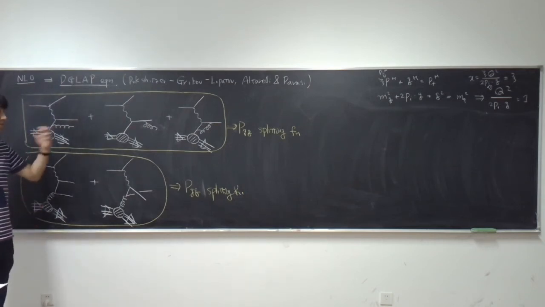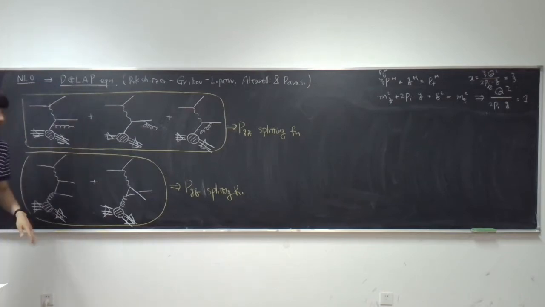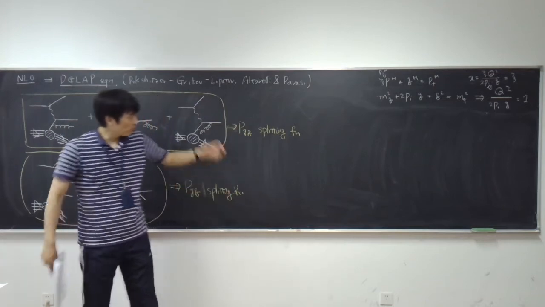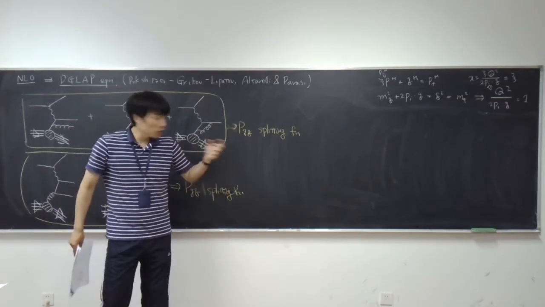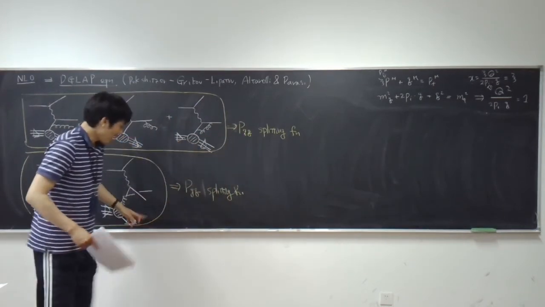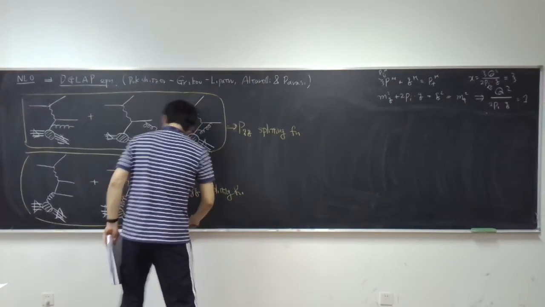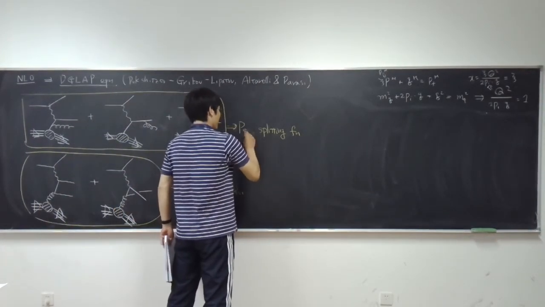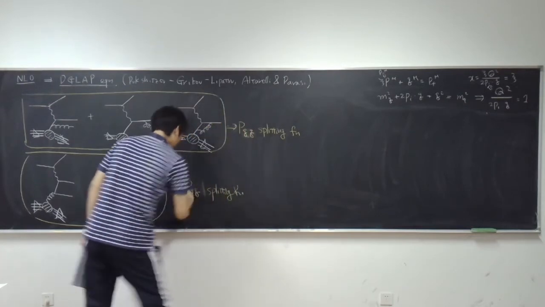Since P_QQ is the simplest and we have already essentially computed this diagram, I'm going to compute P_QQ. I hope my handwriting is good enough to distinguish Q and G. And this is G.